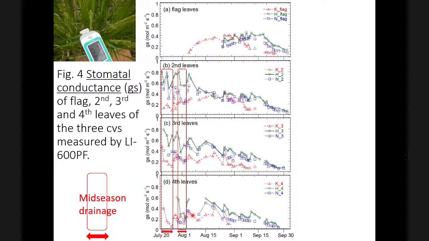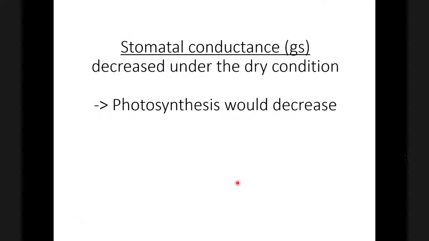So in this way, stomata conductance decreases under dry conditions, very normally and reasonably. This means that not only does stomata conductance decrease, but transpiration also decreases, and photosynthesis would decrease.